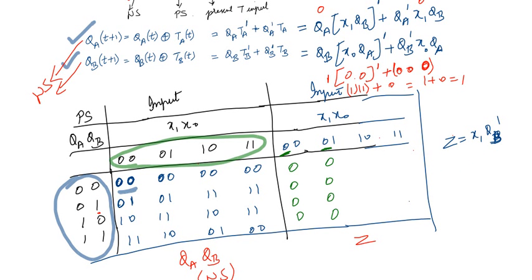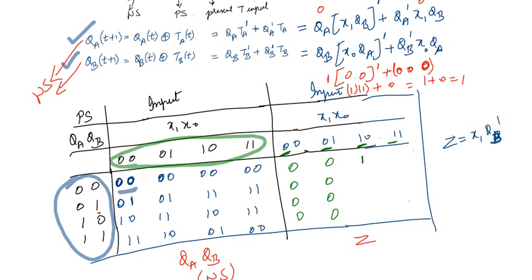Next, when x1 is 1, we see the QB dash and do the AND operation. QB is 0, so QB dash is 1. So 1 into 1, here it is 1.